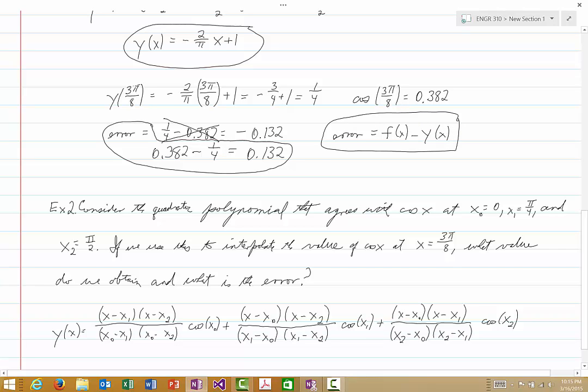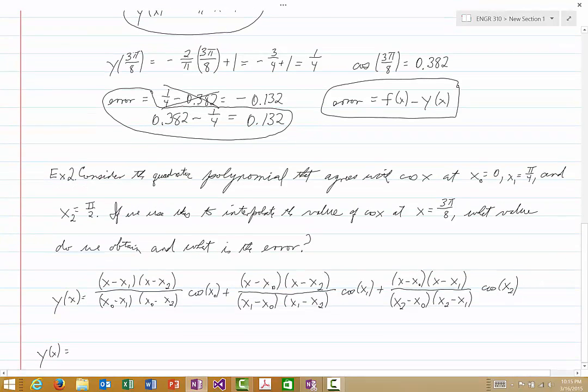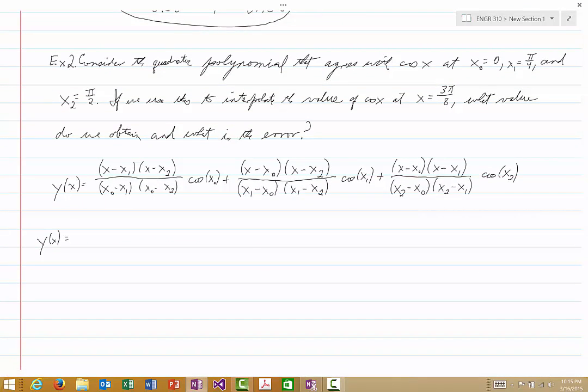Okay, so now returning to example 2. We're going to go ahead and plug in these values we have.